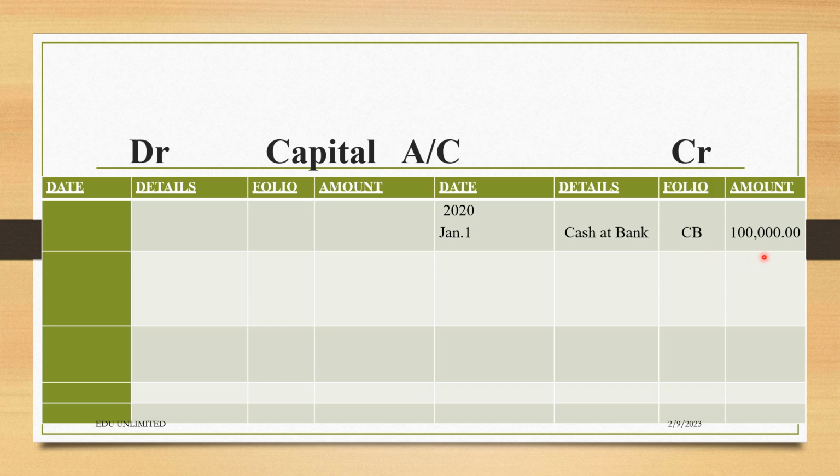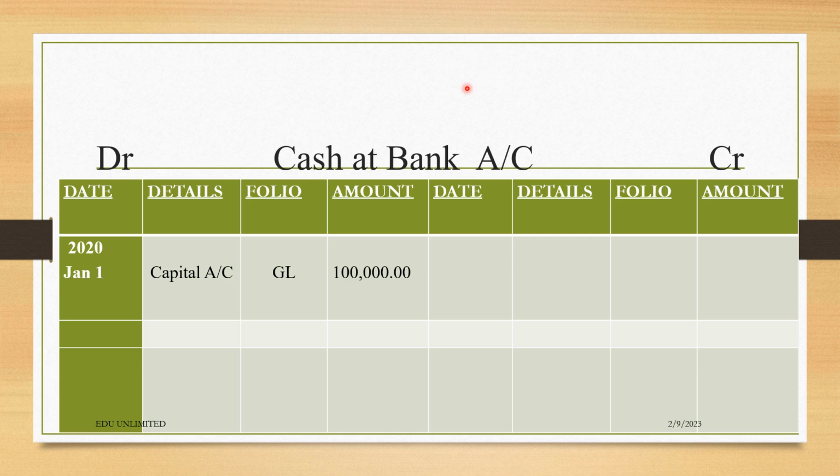Our next step is to look at the cash at bank account. So remember, the two accounts concerned are capital account and cash at bank account. Double entry system for this transaction is to debit the cash at bank account with capital.